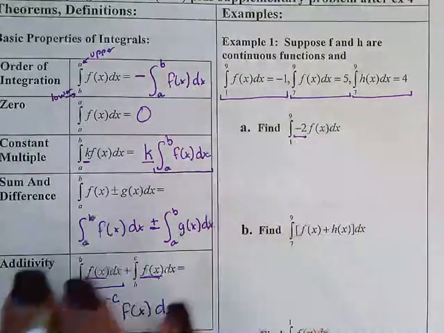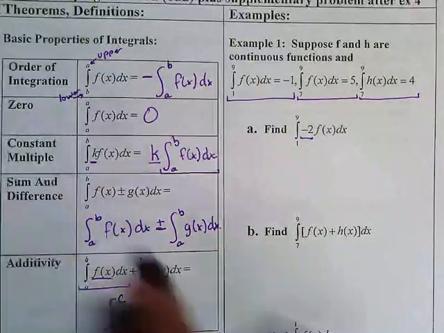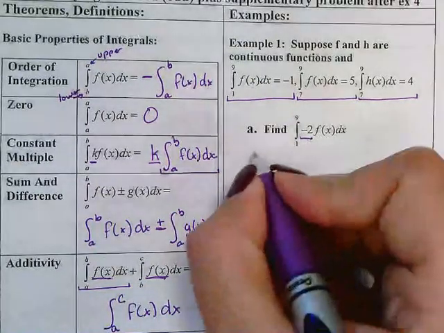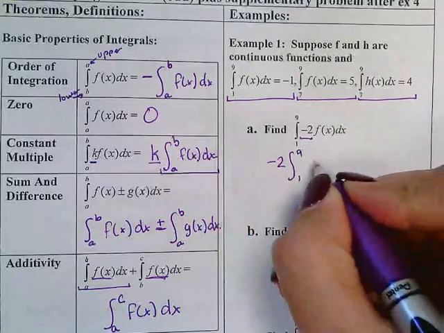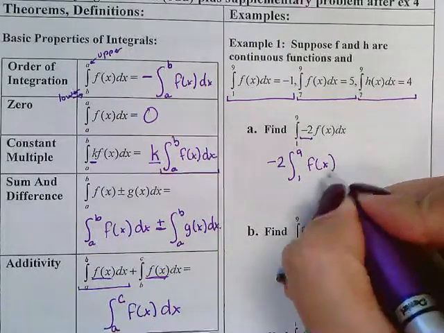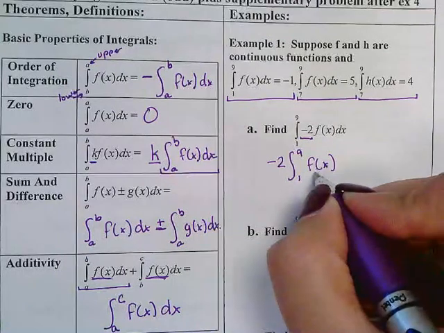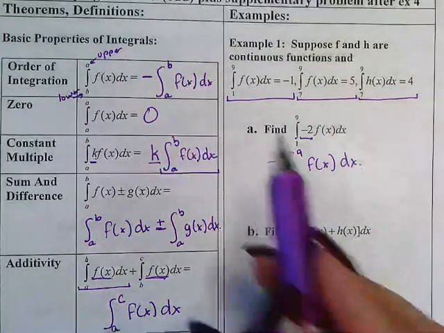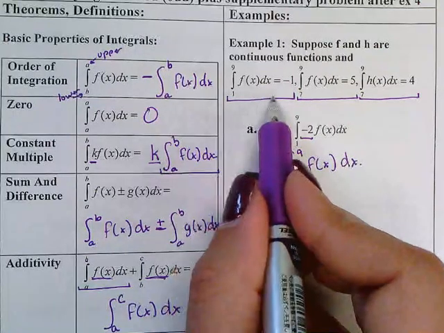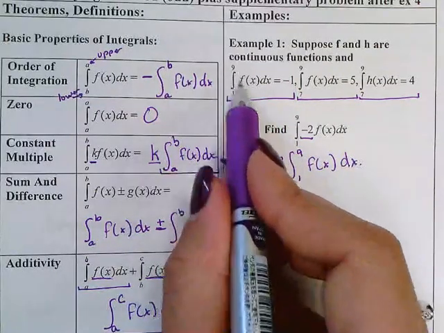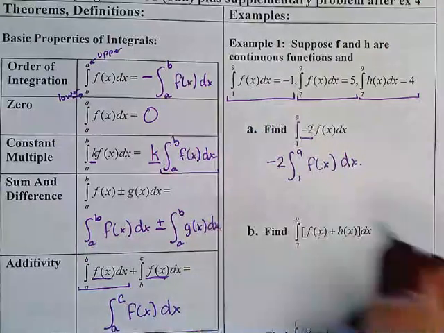So what I can do is use the constant multiple, which says that I can pull out that constant outside of my integral. And now I just need to figure out what is the integral from 1 to 9 of f of x dx. So I'm going to use the example that they gave us, and it says the integral from 1 to 9 of f of x dx is -2.